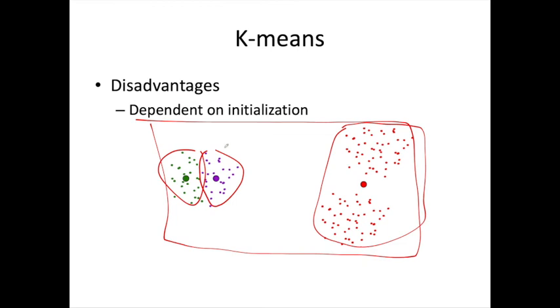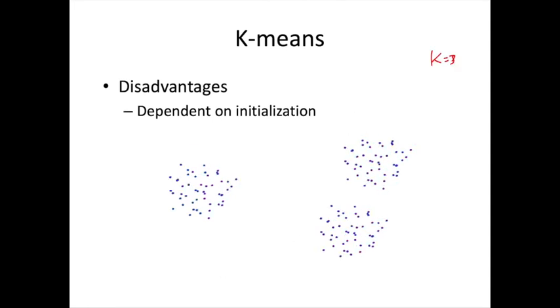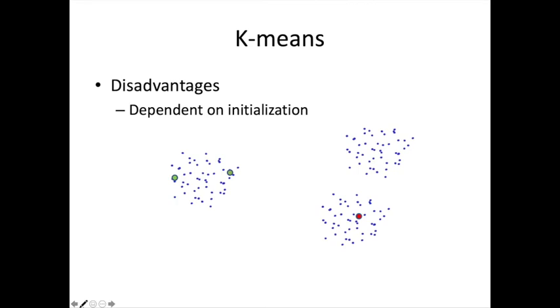For example, here in the very first execution, because this is a random selection, we get one center here, another one here, and the other one here.